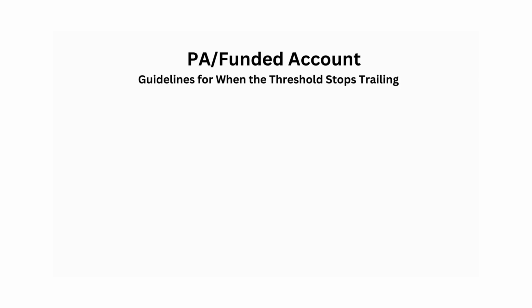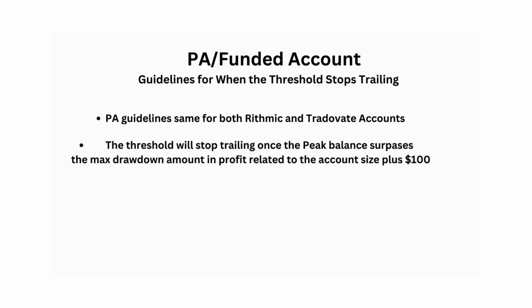Now that we've established the criteria for when the evaluation accounts stop trailing, let's proceed to the PA funded accounts. The PA funded account guidelines for when the threshold stops trailing are the same for both Rhythmic and Trade-Evade accounts. The threshold will stop trailing when the peak balance surpasses the max drawdown amount in profit related to the account size, plus an additional $100. Now, what does that mean? To illustrate this, let's use a 100K size account.